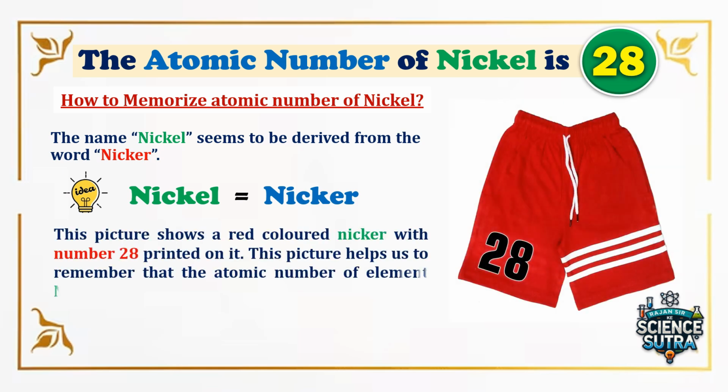The picture shows a red colored knicker with number 28 printed on it. This picture helps us to remember that the atomic number of the element nickel is 28. You can see it clearly, a red colored knicker, 28 printed on it. This is the atomic number of nickel.